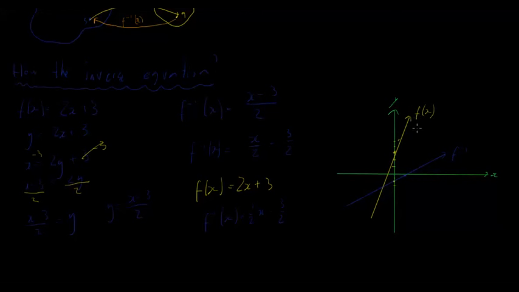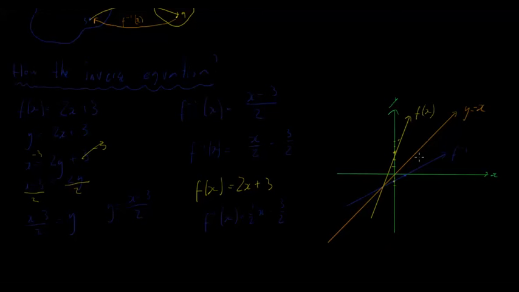So this is f of negative 1, and this guy is f of x, or just regular old f. So what's the relationship between these two guys? These guys are actually reflected about the line y is equal to x. So this is the line y is equal to x here. If we put a mirror along y is equal to x, we would end up having f of negative 1.